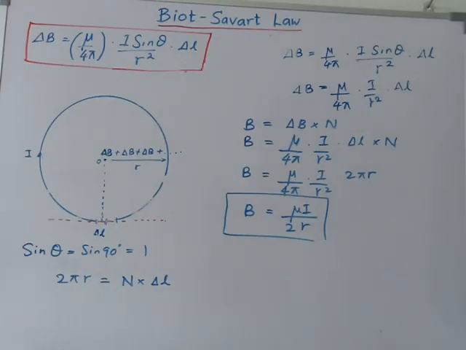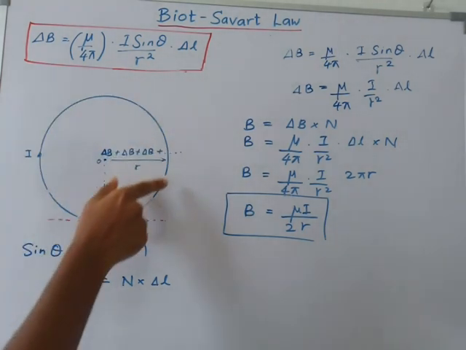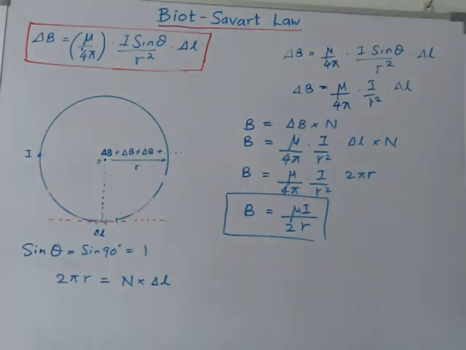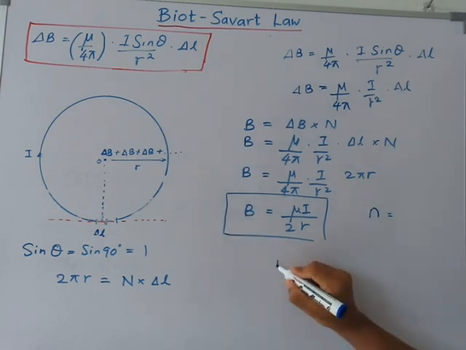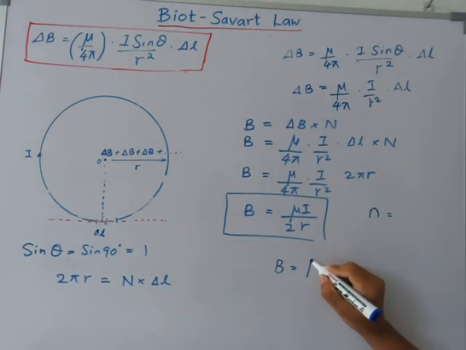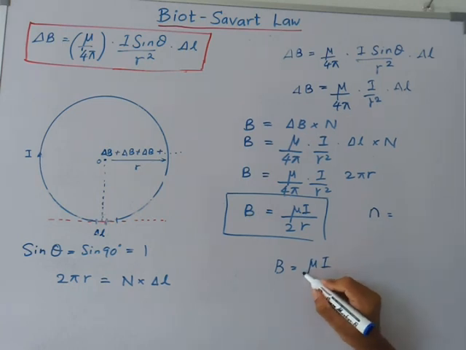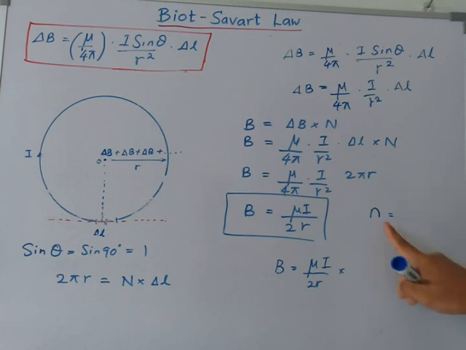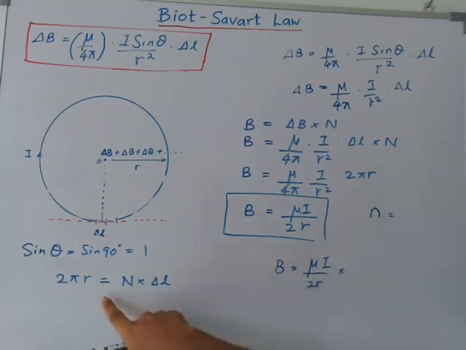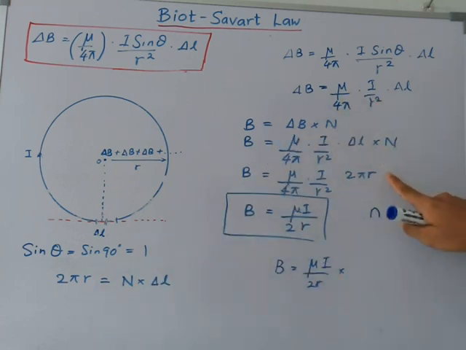Now I am going to consider if there are n number of loops. Let's take n to be the number of loops, then the total magnetic flux density at the point O will be B equal to mu I over 2r times n, since if there are n loops, the total length will be 2 pi r into n, so we have to multiply by n.